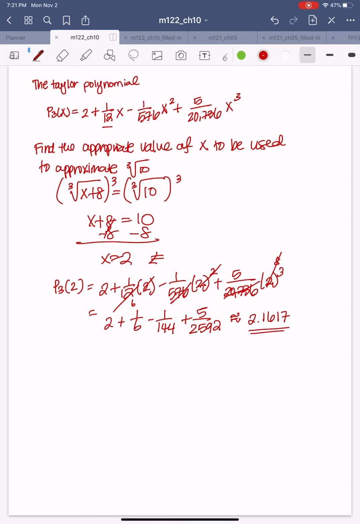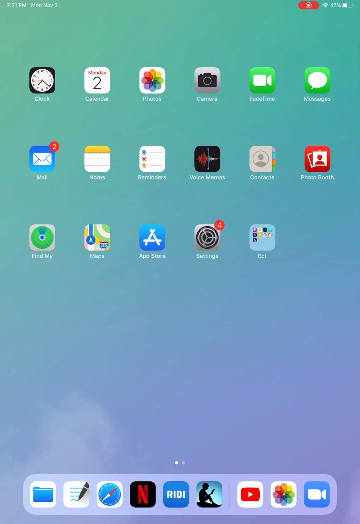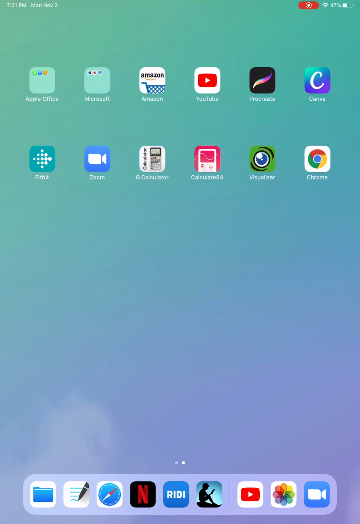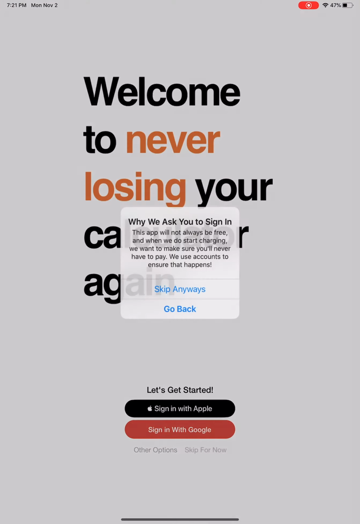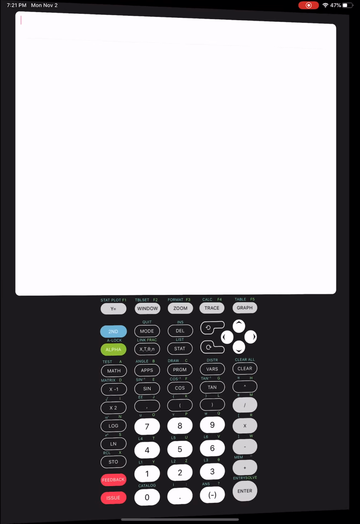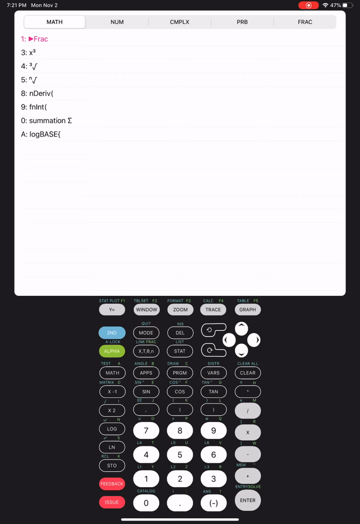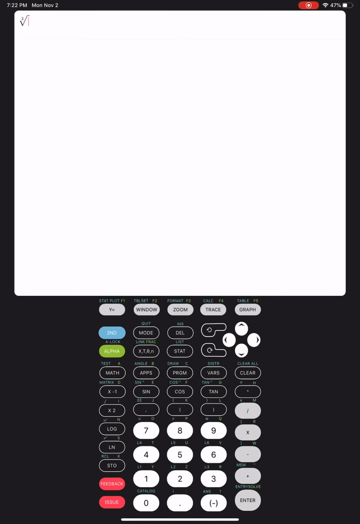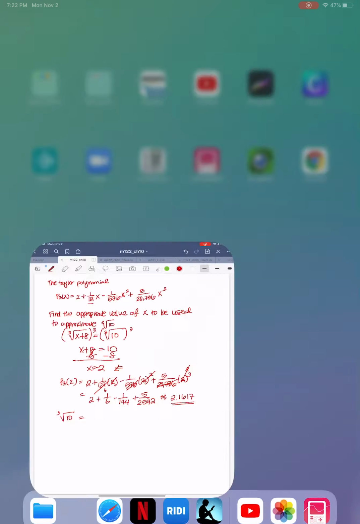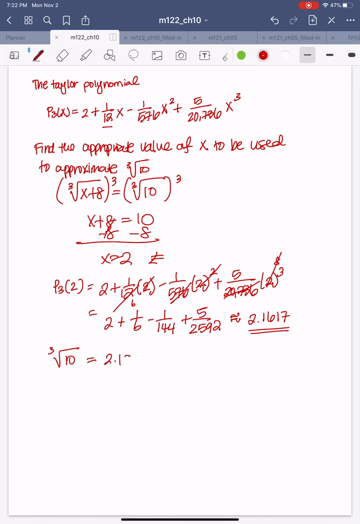Now, how accurate is our answer? If we actually pull out the calculator and check what the cube root of 10 is, right? Cube root of 10 is 2.1544.